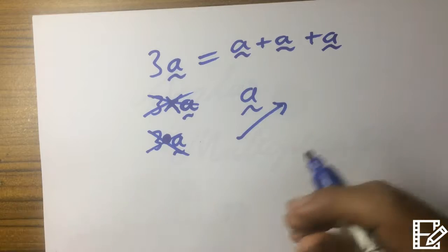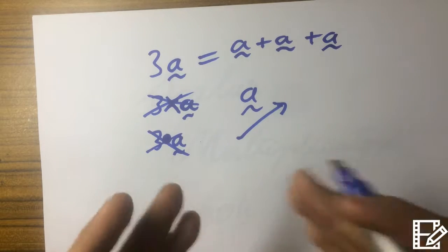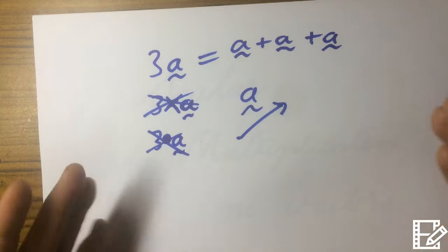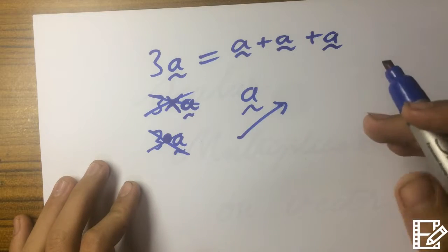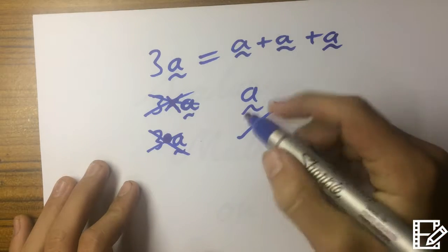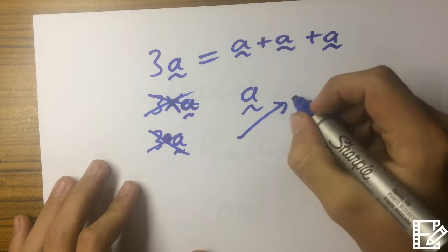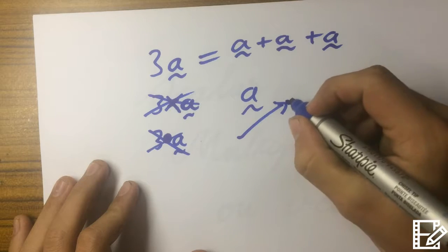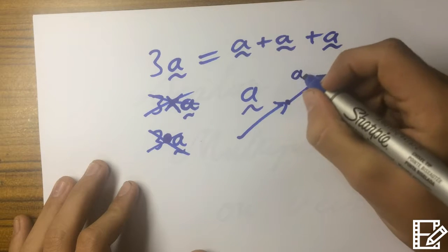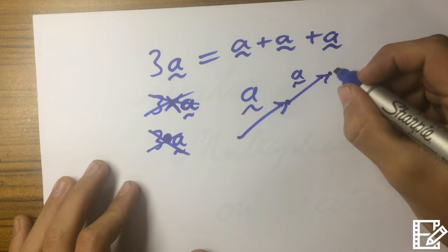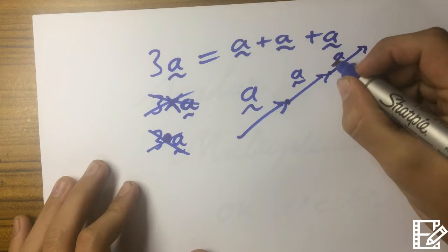Now when we add vectors, we do it from tail to head. Tail to head, we add another one, that's another a, and tail to head, that's another a.